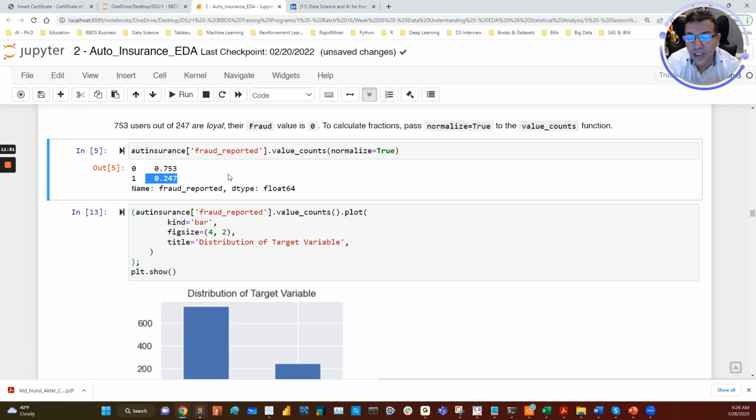That means the business has lost a lot of money paying off this 25% of incidents. They were not real incidents. Someone broke their car just to get rid of it and get reimbursed. So it happened a lot, and this is what we need to find out.